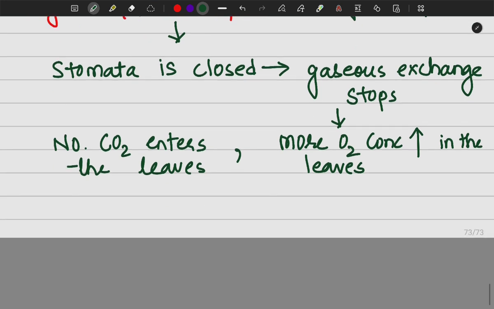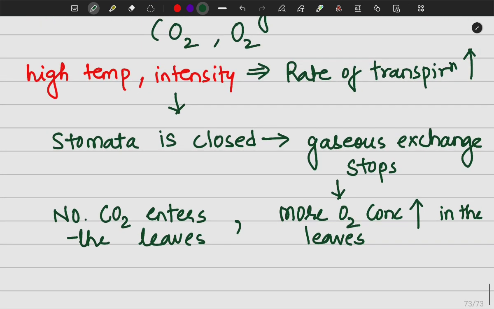This is when the concentration of the CO2 and O2 becomes unequal, right?